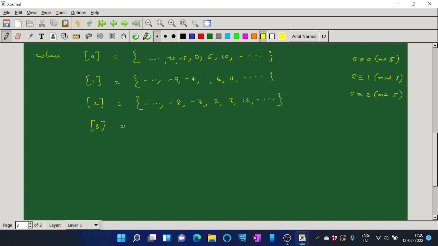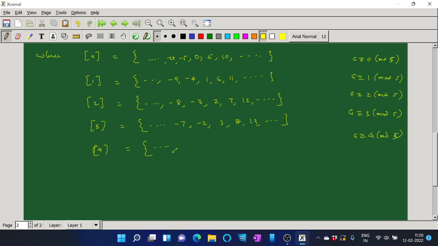The congruence class [3] is those integers which leave the remainder 3 when divided by 5. They are minus 7, minus 2, 3, 8, 13, etc. And [4] is those integers which leave the remainder 4 when divided by 5.